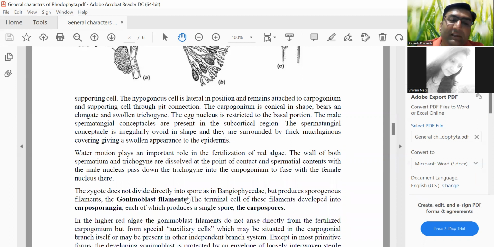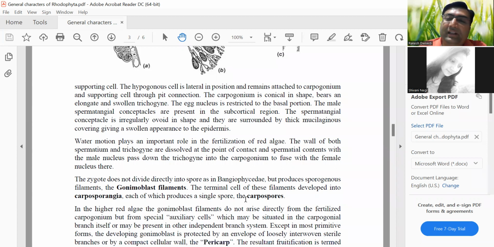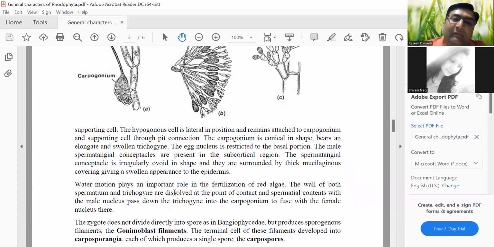The zygote does not divide directly into spores as in Bangiophycidae. Bangiophycidae is a primitive group of the red algae. In Bangiophycidae, the zygote directly divides and forms the gonimoblast filament. But in the higher red algae like Florideophycidae, the zygote takes rest and after some time produces the filaments known as gonimoblast filaments, and the terminal cell of this gonimoblast filament forms carposporangia.